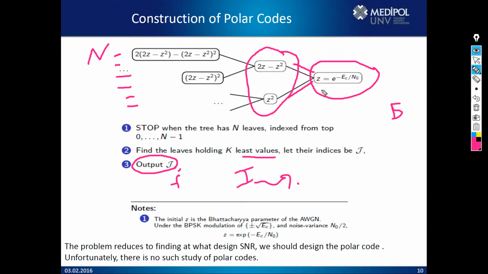I can put Ec any value, I can put N naught any value. Based on what? Based on the position of the user from the base station. Let's assume an additive white Gaussian noise channel and a line of sight channel, with no multipath.